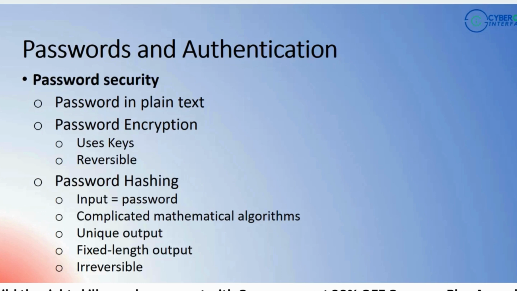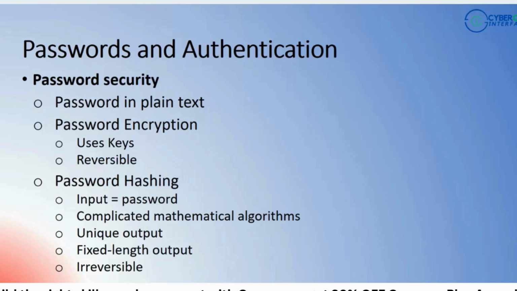Remember, earlier we said you encrypt your password; this one, you are hashing the password. So the password becomes the input into a complicated mathematical algorithm, which, when it works on your password as the input, will generate a very unique output.